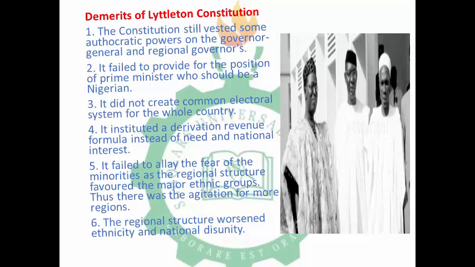So, for instance, if the country's source of income is from agricultural produce like cocoa, palm oil and crude oil, they will look at the quantum or quantity of the products produced, and how much this has contributed to the aggregate revenue of the country from each region, and they will begin to share based on those contributions.